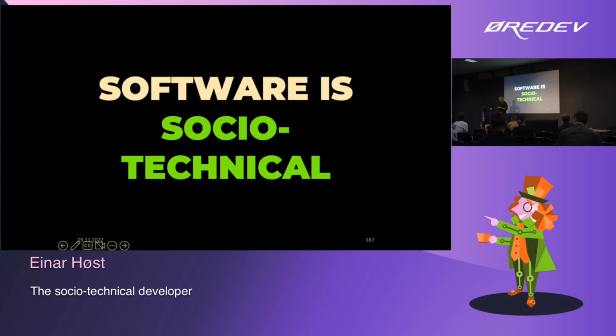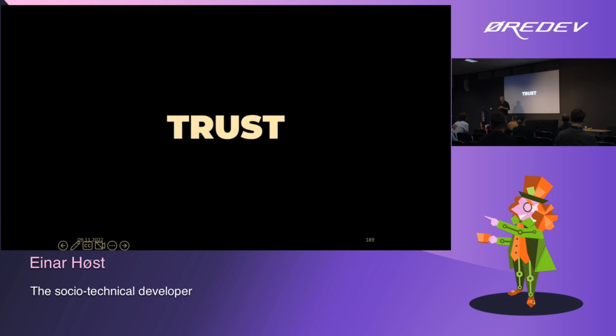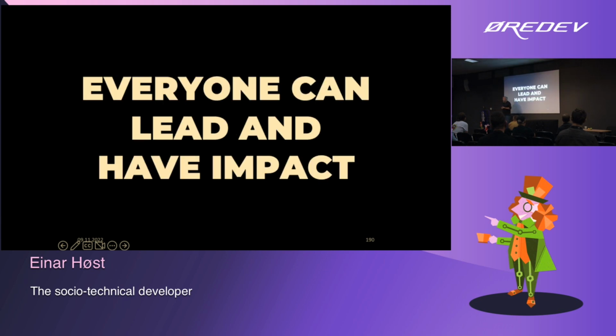The first point that I wanted to make is that software is a socio-technical endeavor. We are all human, for good and bad, and we tend to protect our self-images fiercely. We need to get good at establishing trust to enable effective communication and collaboration. I think everyone can lead and have impact in these socio-technical systems.